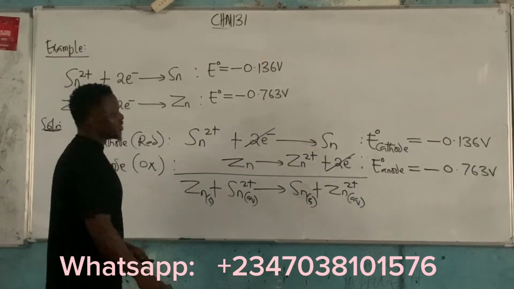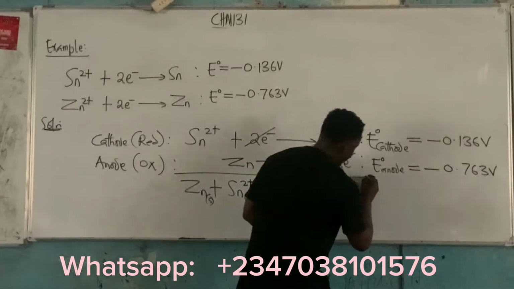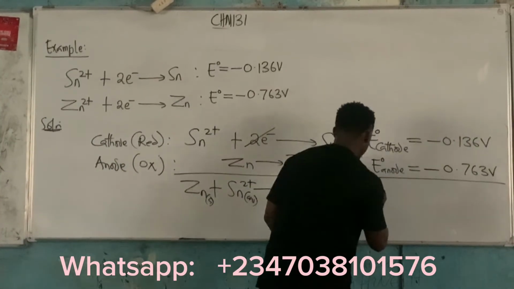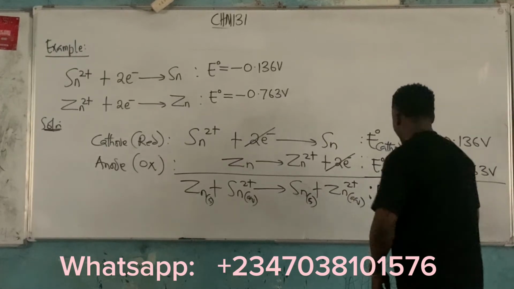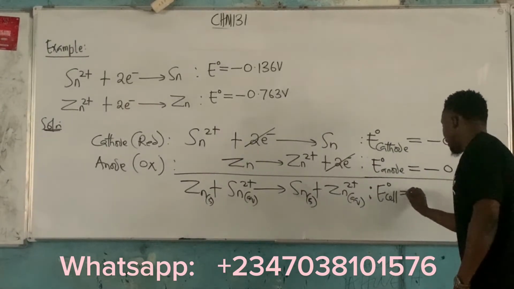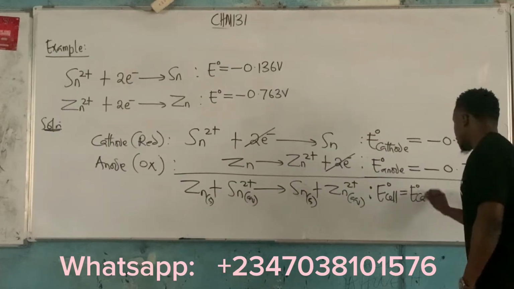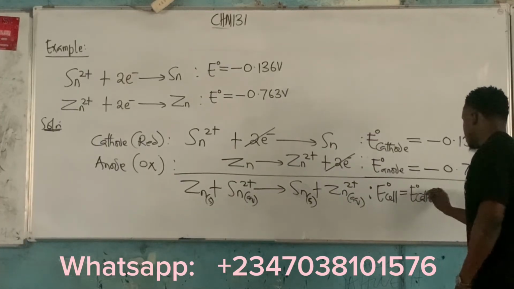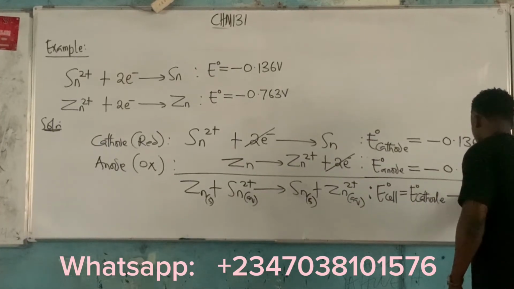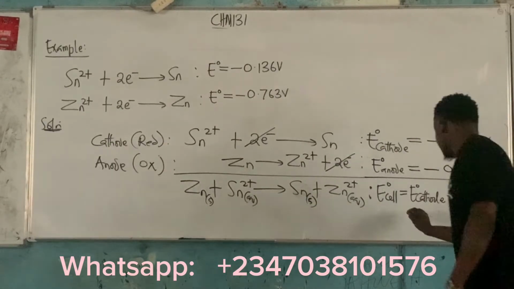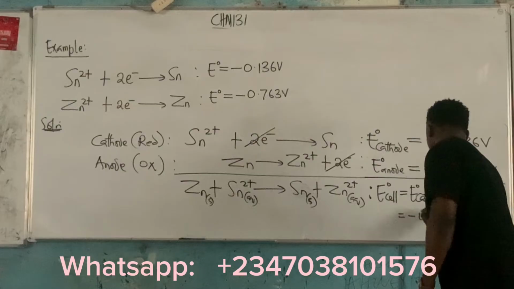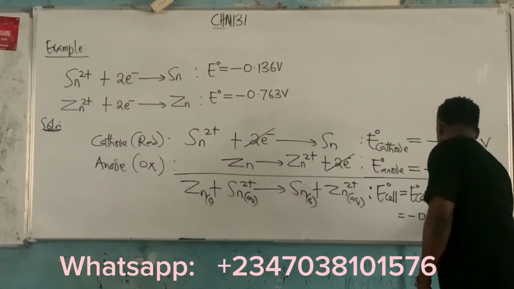Please write. Let's solve cell potential. Now recall that our E cell is always E cathode minus what? Now what is our E cathode here? Minus 0.136.